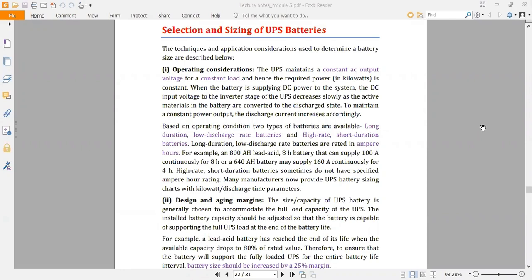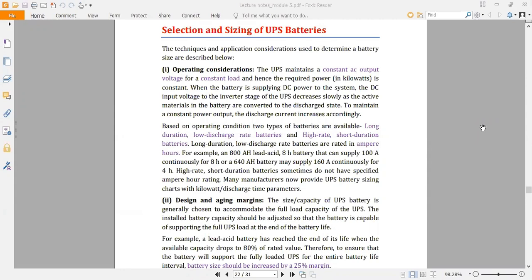So let us see some points. The first one is the operating consideration. What is the meaning of this word? Operating consideration will affect us while selecting the batteries.